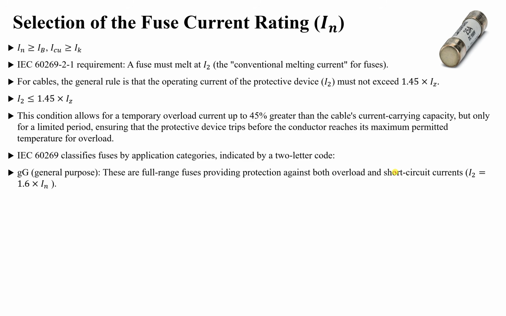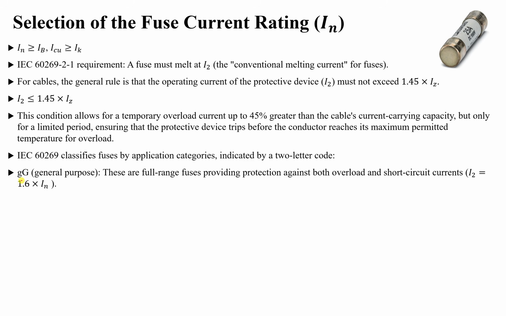So it does two functions, overload and short circuit currents. Like, for example, in a residential or commercial building, where we don't have any kind of motors.